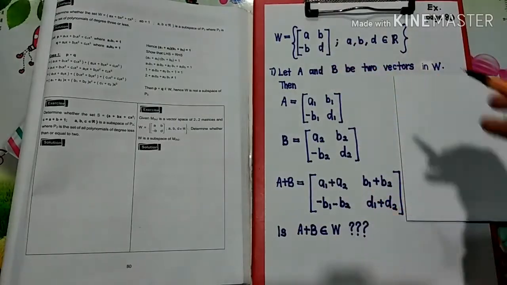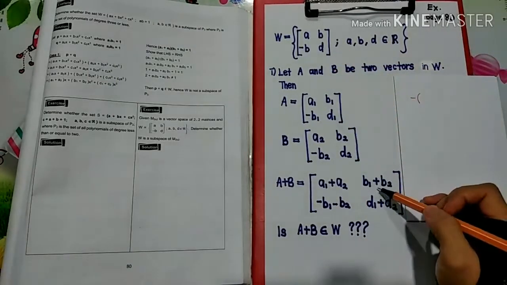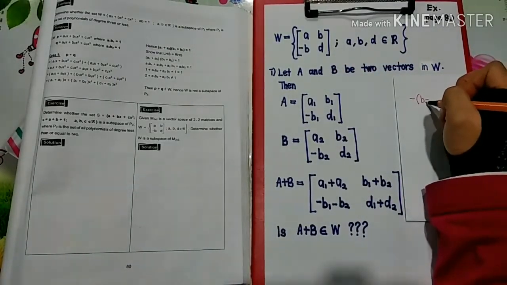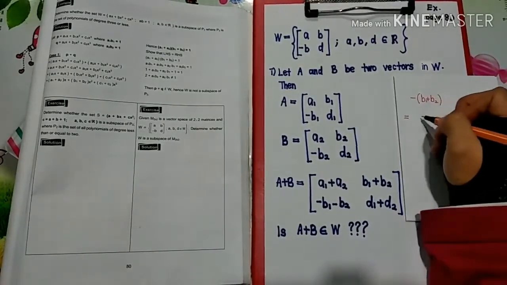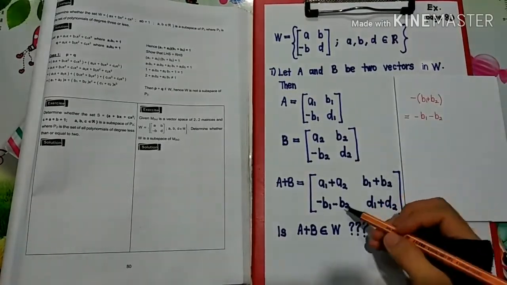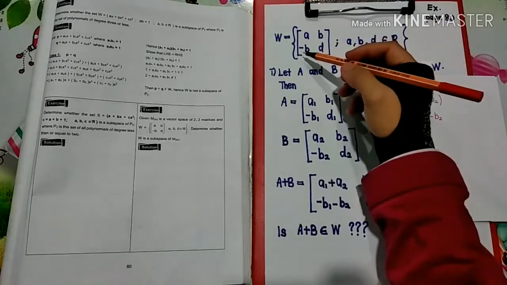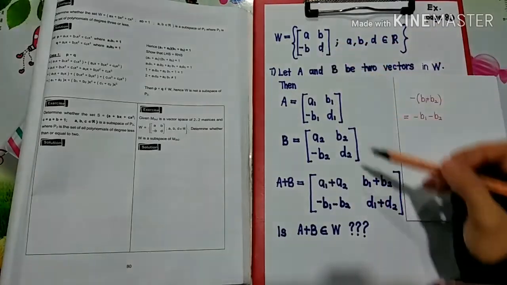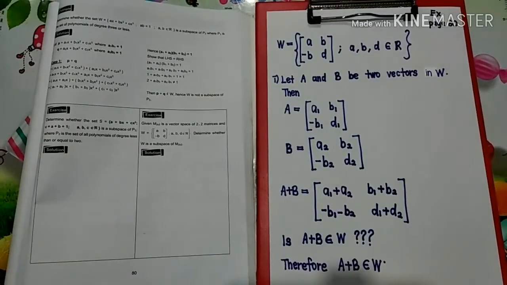So now we take negative, and our b here is b1 plus b2. We solve for this one and what do we get? Negative b1 minus b2. Then you check here: is it equal? Equal, which means this one satisfies this one. Next one is d, which is d1 plus d2. Then we can conclude that A plus B is in W.